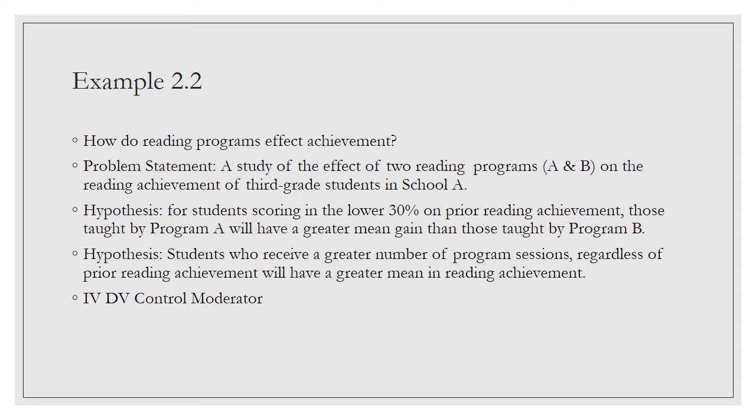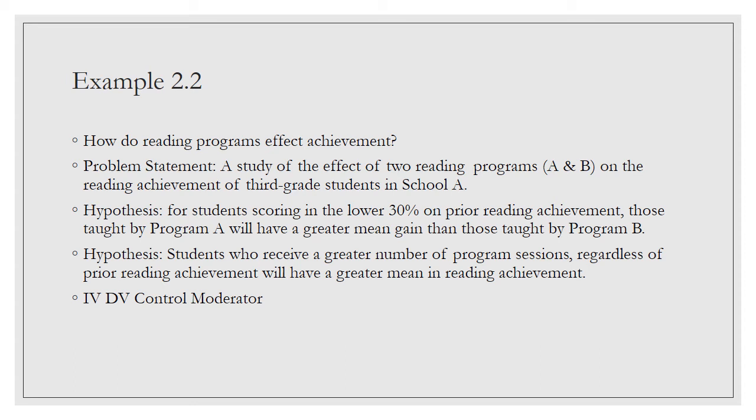What's interesting here is we should be able to pick out a couple of the types of variables that we're interested in. And as we'll go through, I'll do a couple other examples as well. So let's think about, in general, things we'd have to operationally define. Individuals included in the study, in this case, is just third graders. We have program A and B. We should be defining those.